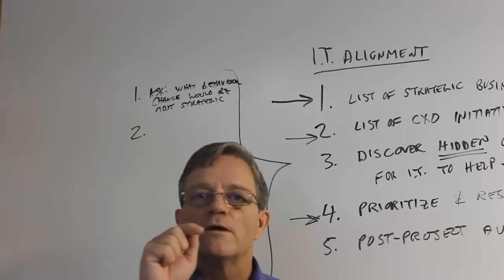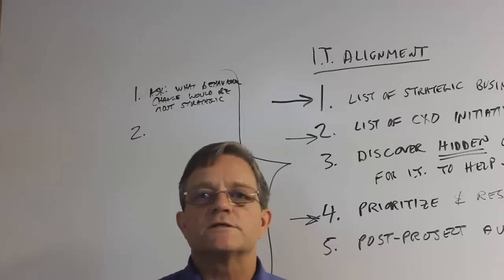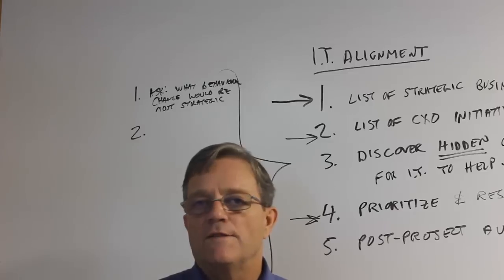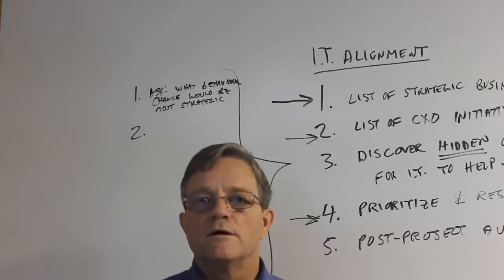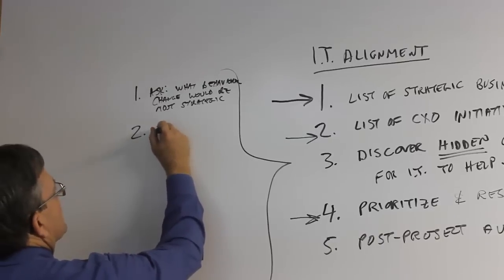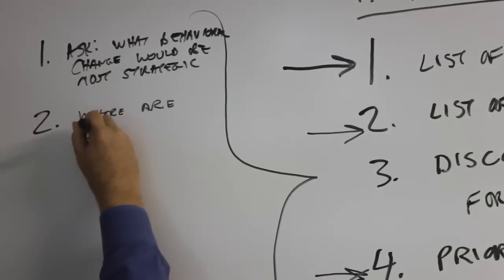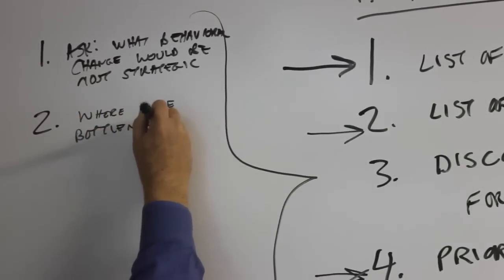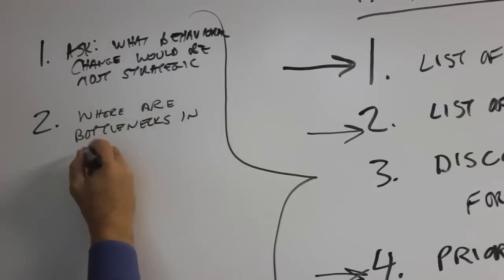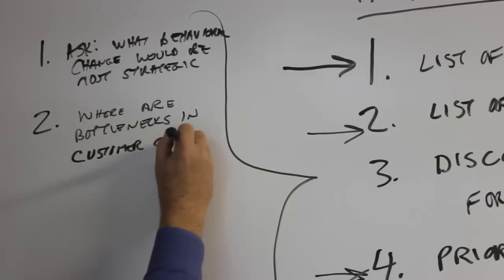And then try and identify where the bottlenecks are. Which steps in that process are holding up the creation of new customers. And then we bring IT to bear on helping to remove the bottlenecks in that process. All right? So the next question is, where are the bottlenecks in the customer creation process?